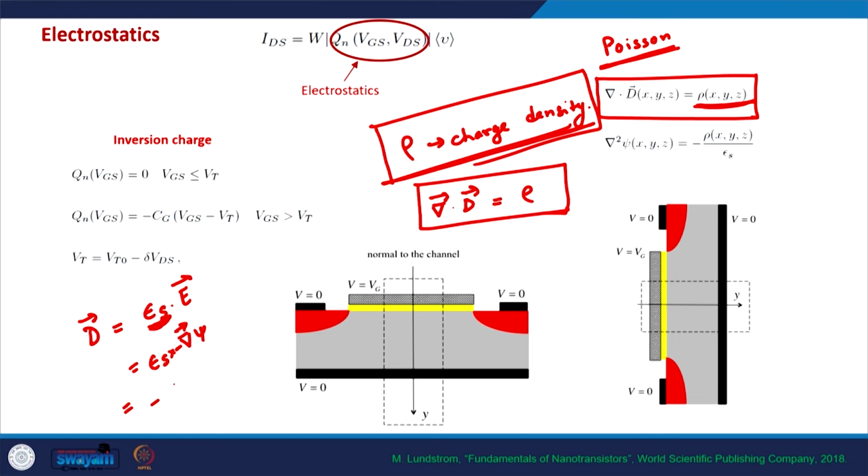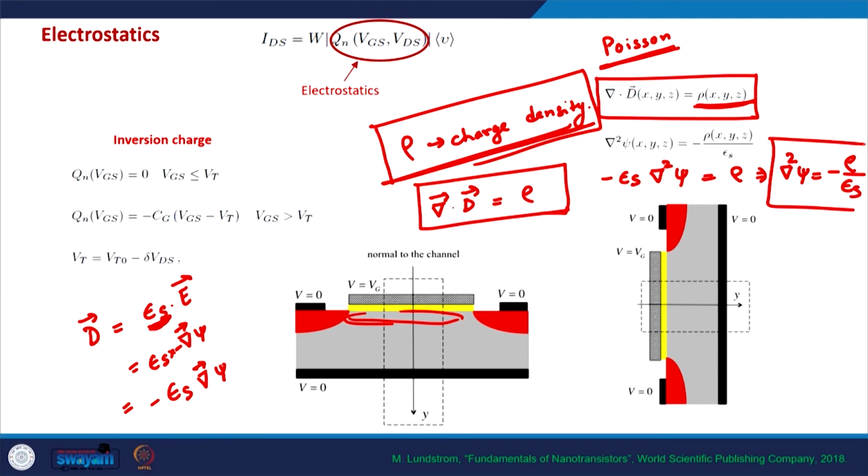So this becomes minus epsilon s del psi, where psi is the potential distribution in the semiconductor. So the Poisson equation will be transformed, if instead of D we put minus epsilon s del psi, into minus epsilon s del squared psi equals rho, which is del squared psi equals minus rho by epsilon s. That is the Poisson equation in its most general form.